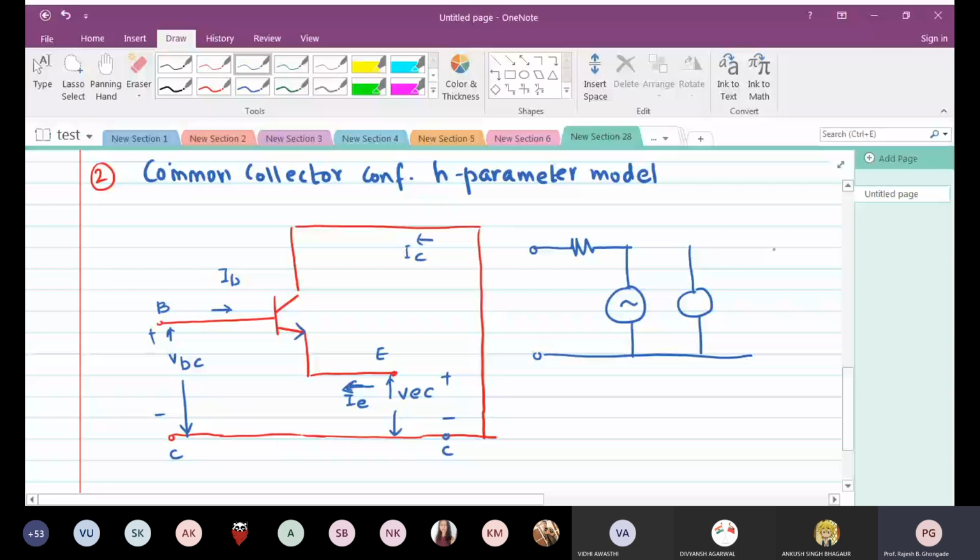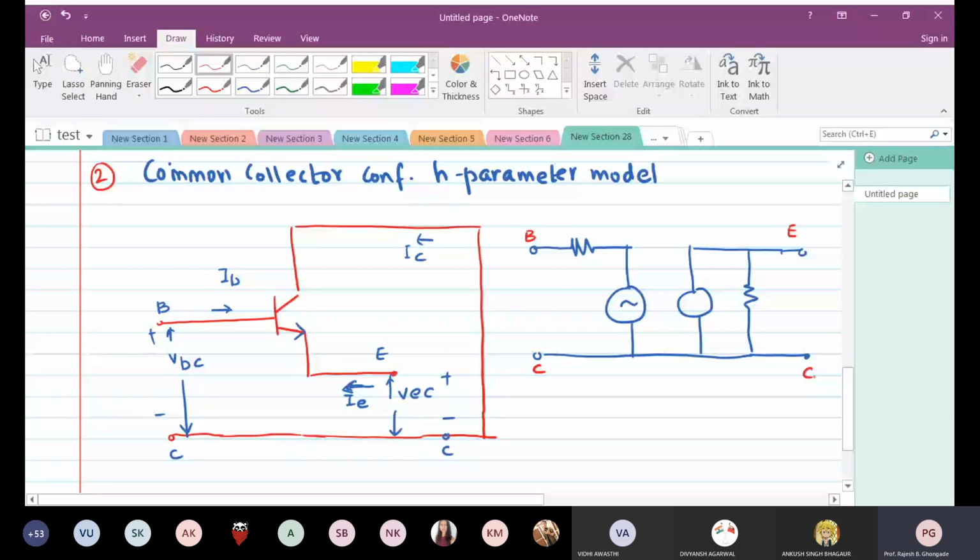This always is going to be the picture, so better remember this nicely. Similarly here, this is the base, this is the emitter, and this point is the collector.